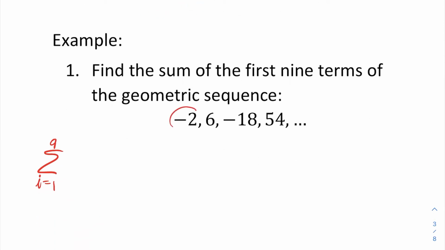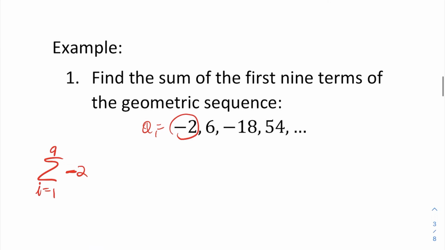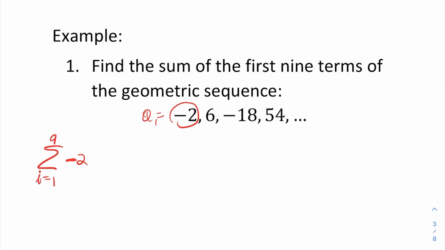So a1 is obviously negative 2. But then we need to know the common ratio. In this case, it's the ratio of 6 and negative 2, the ratio of negative 18 and 6, and the ratio of 54 and negative 18, which is negative 3. So the common ratio is negative 3.